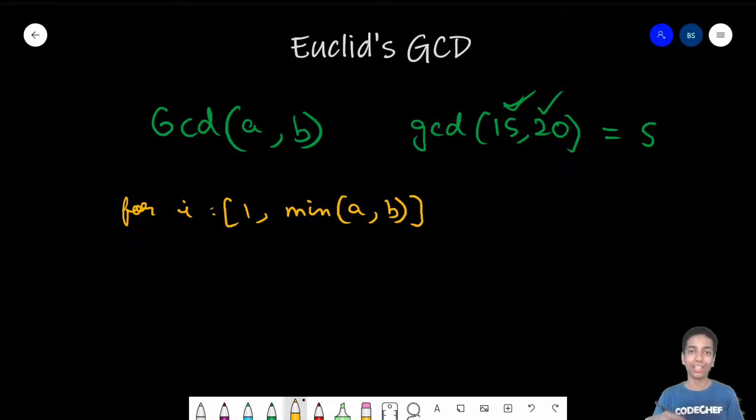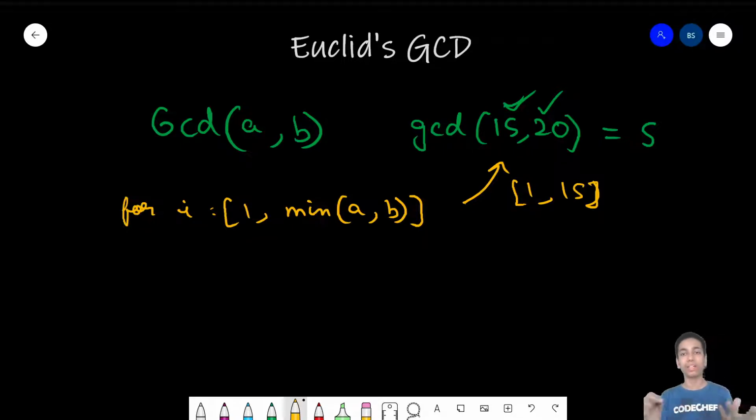Because the GCD cannot be greater than either number. So this will go from 1 to 15, and if a mod i is 0 and b mod i is also 0, we keep updating some answer, and in the end we have the greatest number that divides both of them. Or we can iterate in reverse order, from minimum of a, b down to 1, and break at the first number which divides both of them.